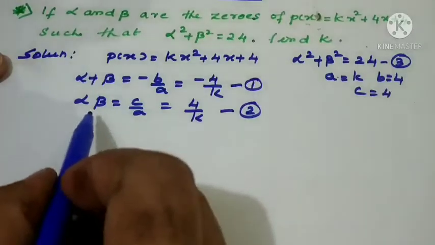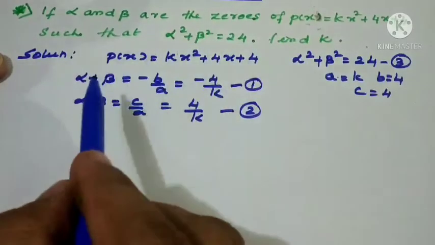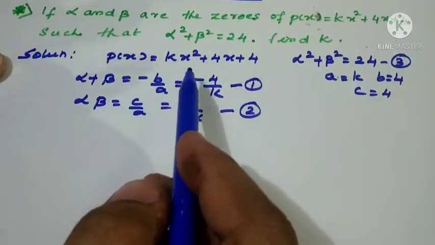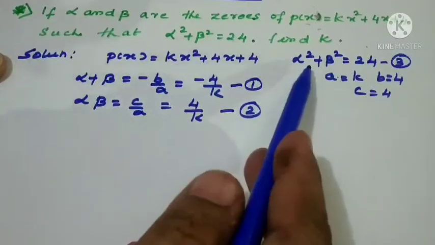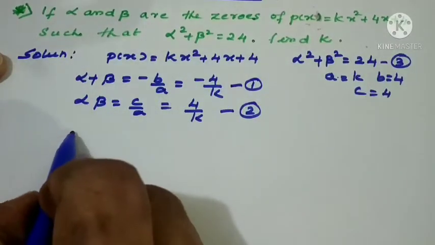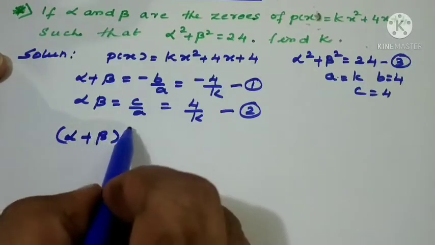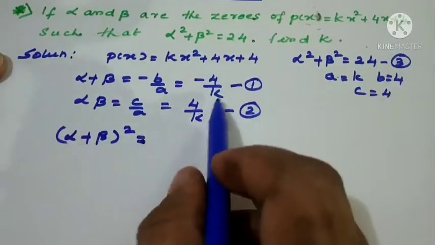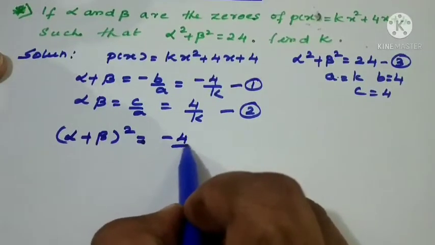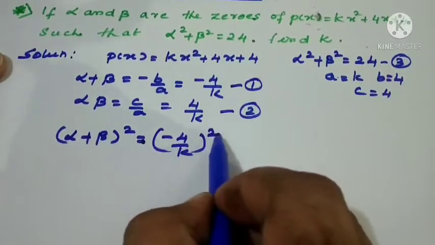Now let us see what we have to find out. We have to find the k only. So we know that alpha square plus beta square is this. So we are using alpha plus beta whole square equal to minus 4 by k whole square. Right?